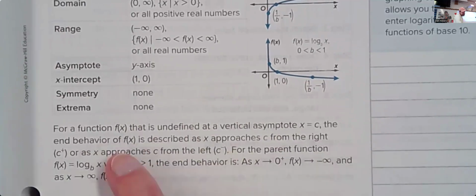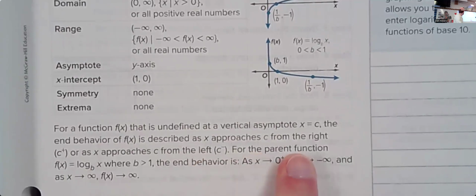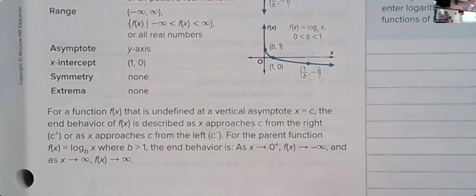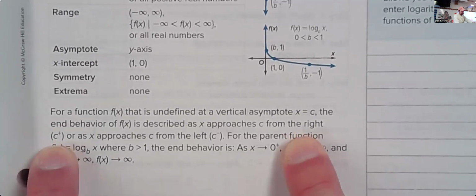So let's see. The end behavior is described as x approaches c from the right, or as x approaches c from the left. So for the parent function, where b is greater than 1, the end behavior is as x approaches 0, that little exponent of a plus is right here. It's coming from the right side.